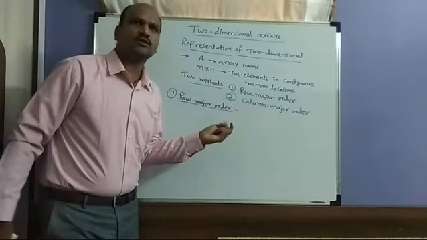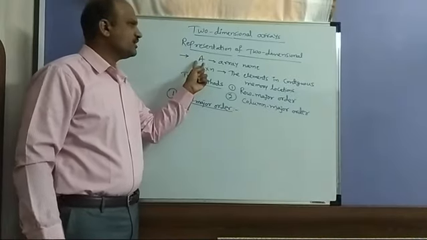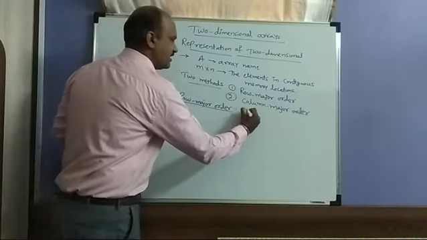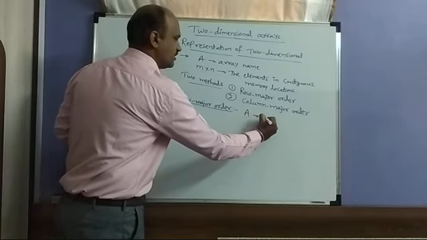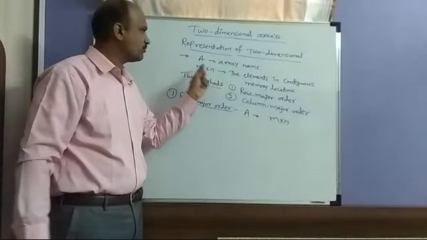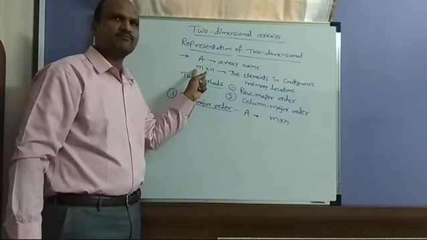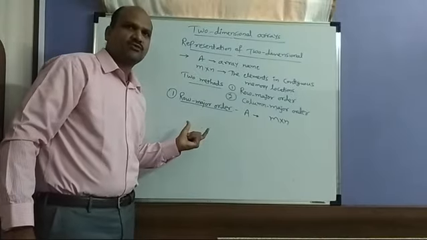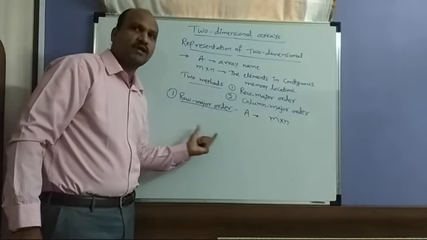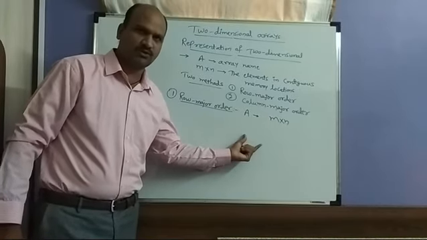When you go for the row major order, same as before you need A, the array name, and also the m into n matrix, for both row major and column major. It is common for all. Here all the first row elements are stored in sequential memory locations.